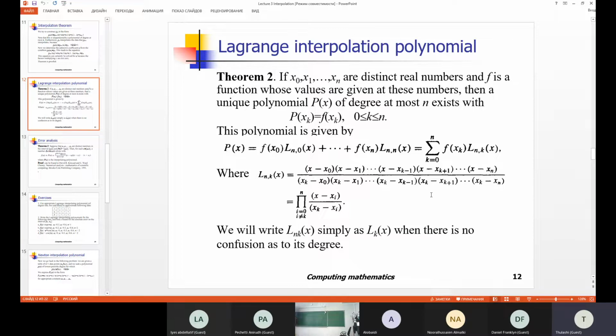How to compute the value of the polynomial P2 of x0? We should substitute x0 into these three formulas for L0, L1, and L2.